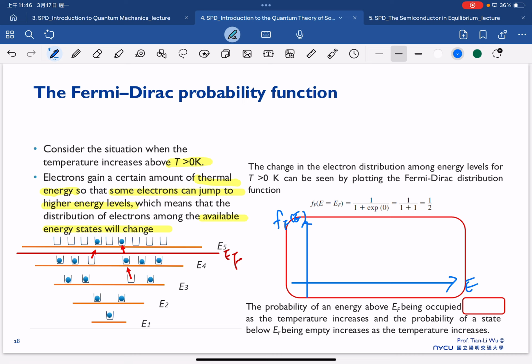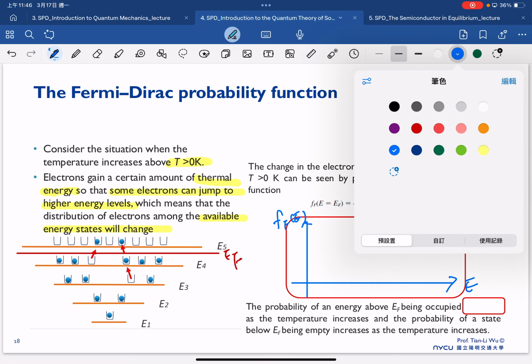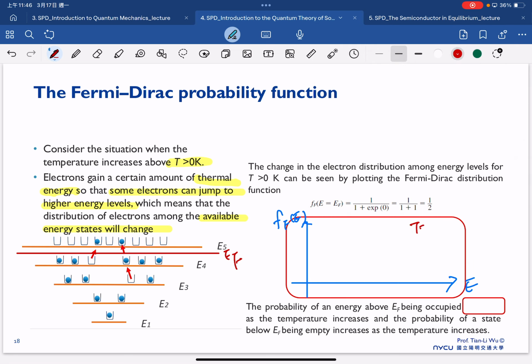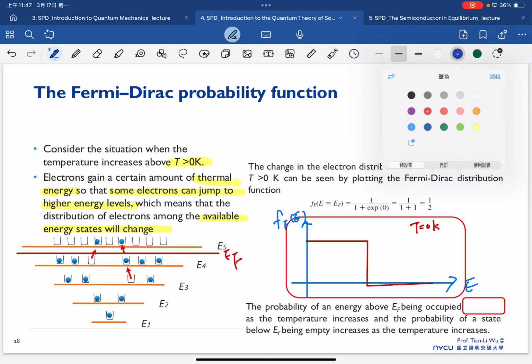In the case of T equal to 0 K, the distribution function is as we drew before. But once the temperature increases, the distribution function will start to change.